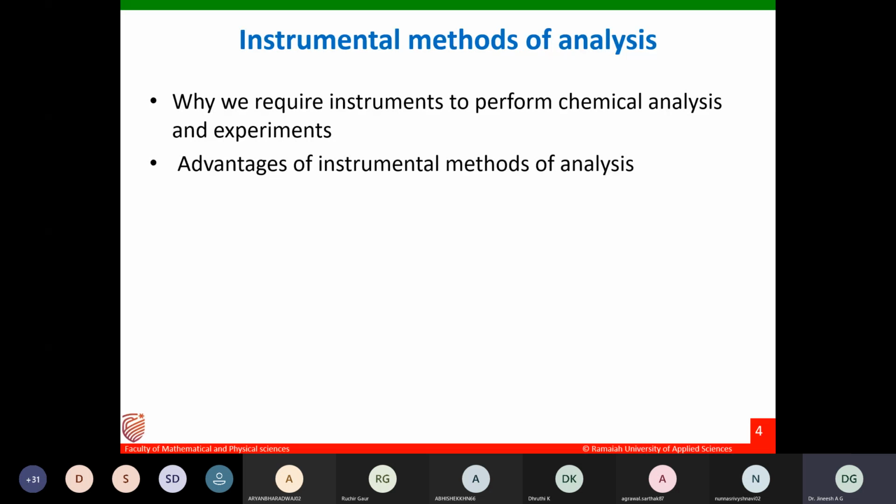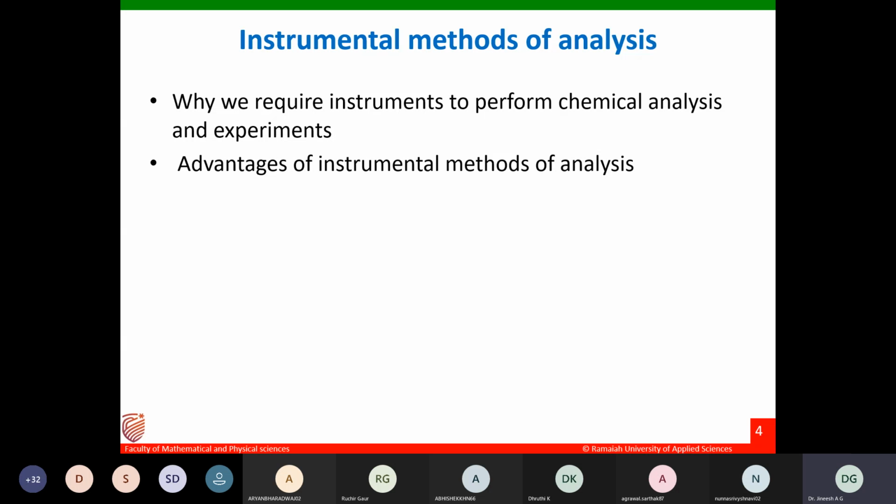And if you are color blind, no problem. If your samples are colored samples, no problem. If your samples are not clear solution, no issue. The conductivity meter will perform that experiment.